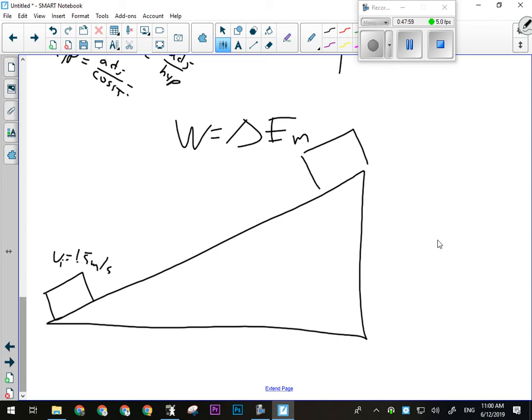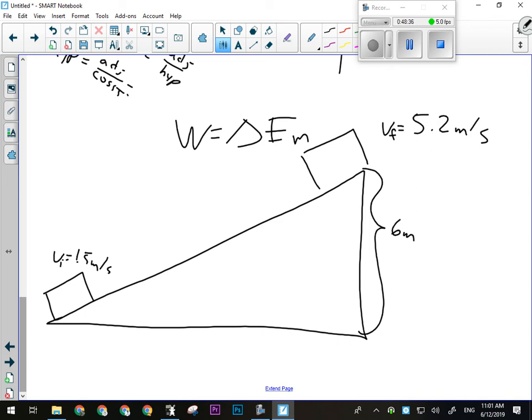A little while later, it is up here at the top of the ramp, which is 6 meters higher than the bottom, and it's now moving at 5.2 meters per second. This is a pretty easy one. I want to find the amount of work done in order to make that happen. I should have given you one less number. But this is an easy one.